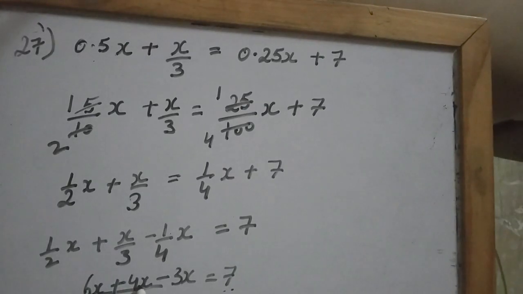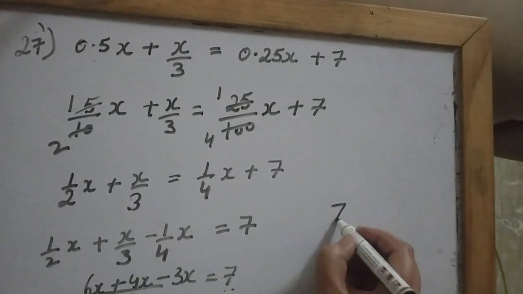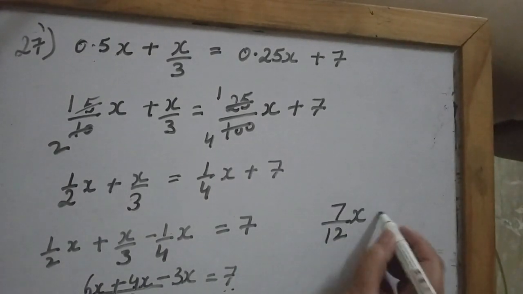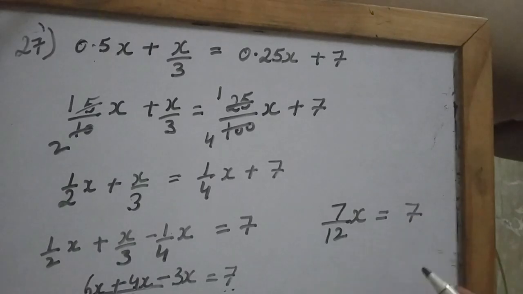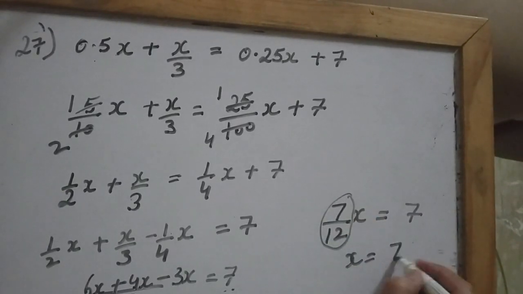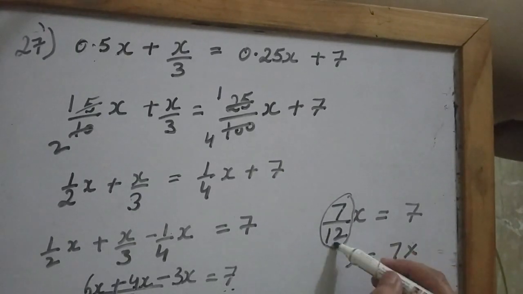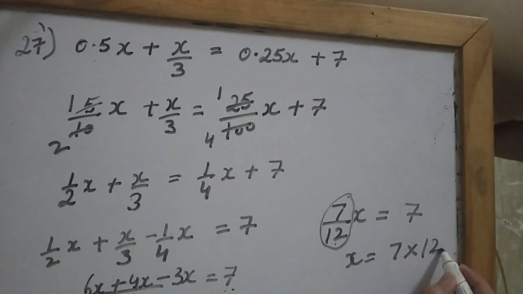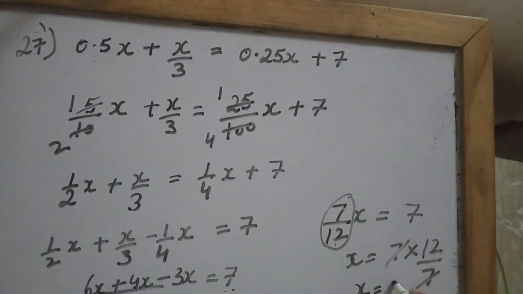Now these both are positive, so 6 plus 4 is 10x, 10x minus 3x will be 7x. So this becomes 7 upon 12x is equal to 7. Now when I shift this to the other side, it will be multiplied and this will be a reciprocal. So 7 and 7 get cancelled and x is equal to 12.